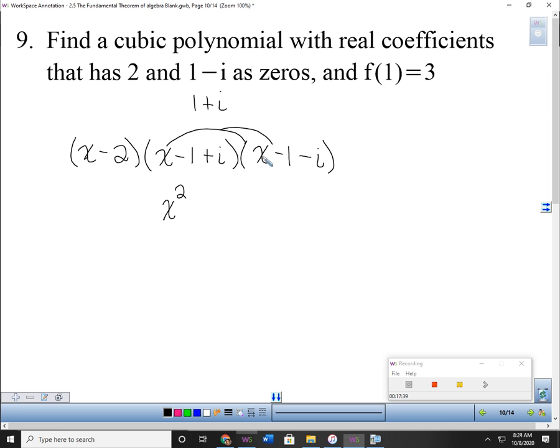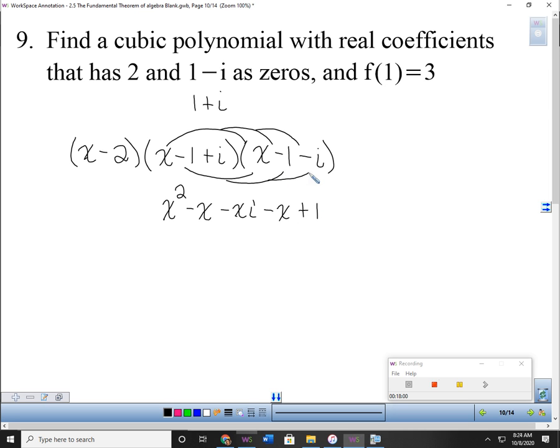x times negative 1 is negative x. And x times negative i is negative xi. Then the negative 1, so negative 1 times x is negative x. Negative 1 times negative 1 is positive 1.